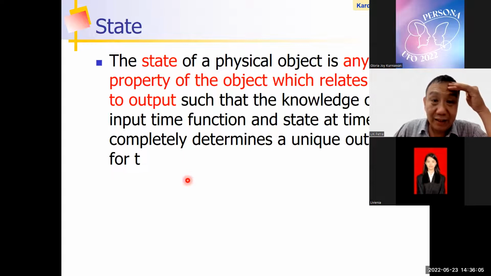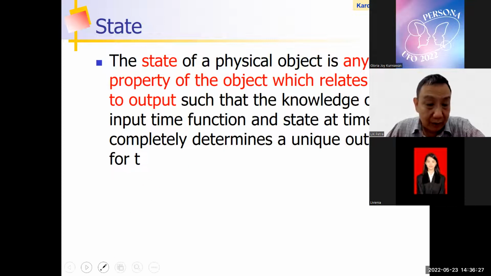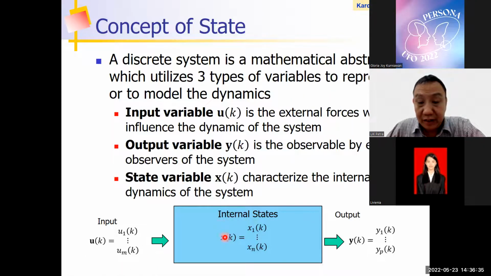Now, what is state? The state of a physical object is any property of the object which relates the input to the output, so that knowledge of the input time function and the state at time t will completely determine the unique output for the same time step. So basically, state is just the internal variable within the system.